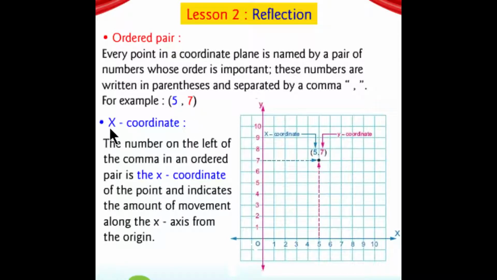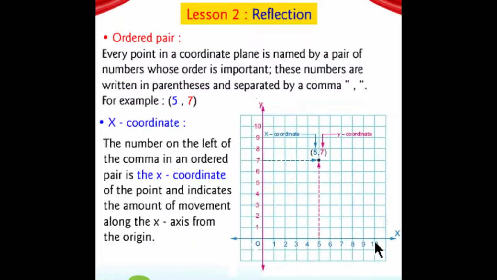First, the x coordinate. The number on the left of the comma in an ordered pair is the x coordinate of the point and indicates the amount of movement along the x-axis from the origin.